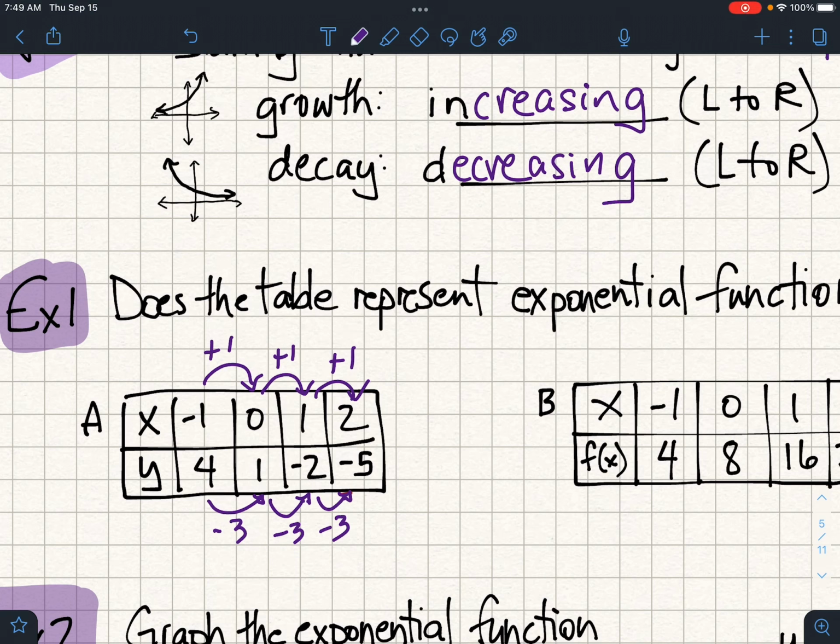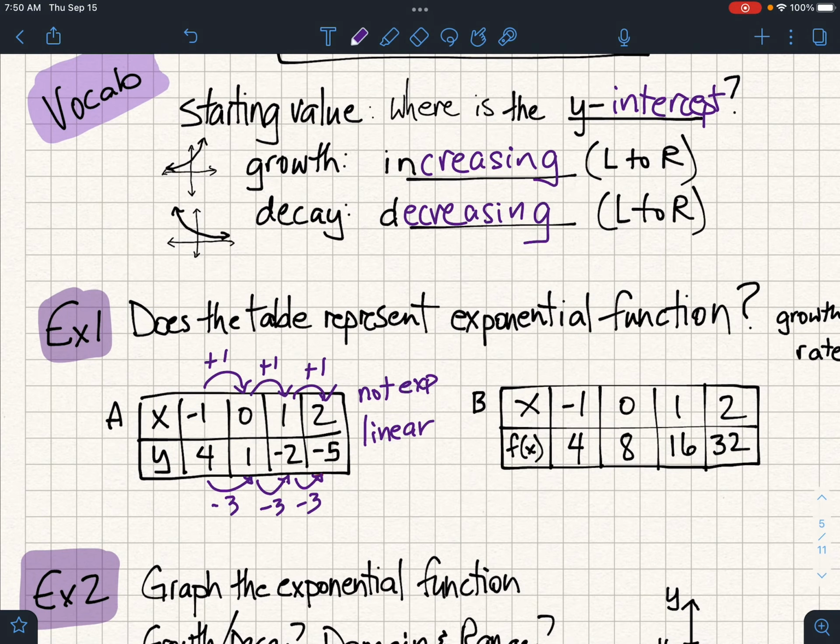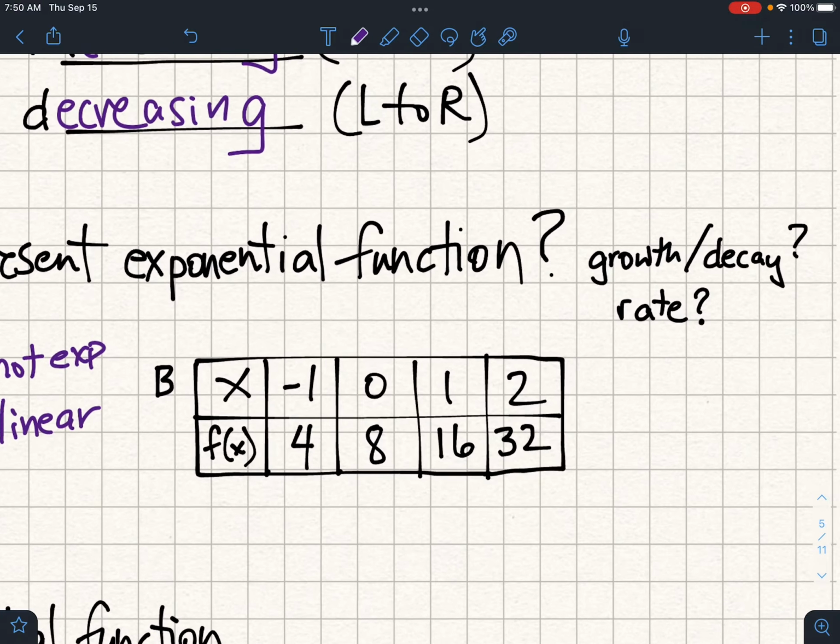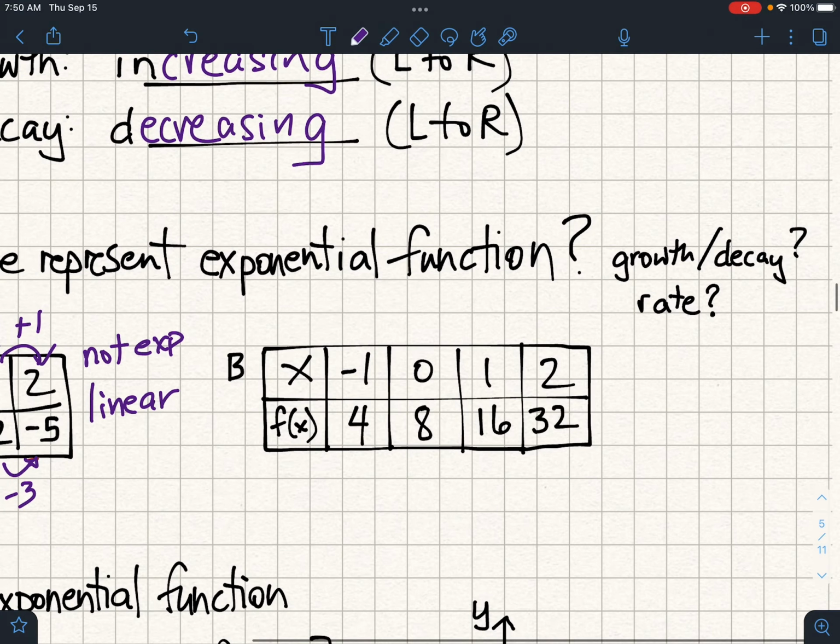Clearly this is addition and subtraction, so this is not exponential. This is what we would call a linear graph. Because it's linear, we're not really interested in it right now, so we're not going to say anything more about it other than not exponential.